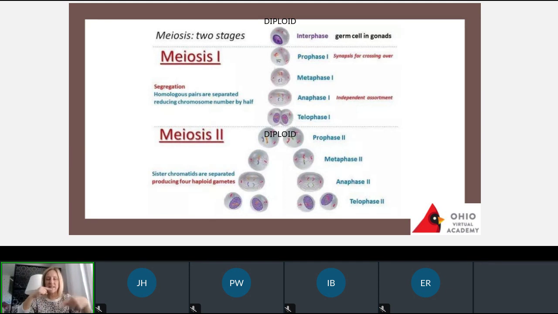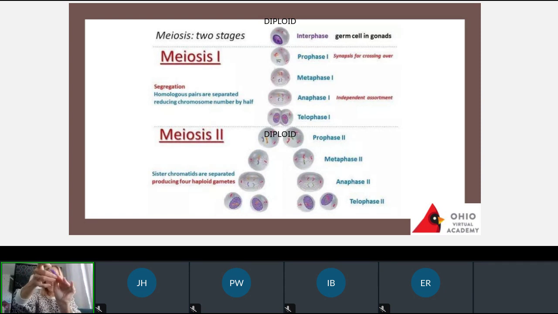And then we go into that same division process again. When we get to metaphase 2, things get weird. Okay, look what happens. The sister chromatids do what we call crossing over. Watch what happens. This is crossing over.